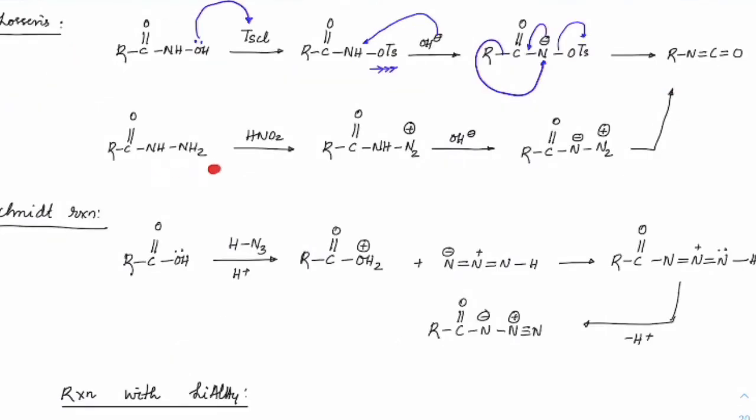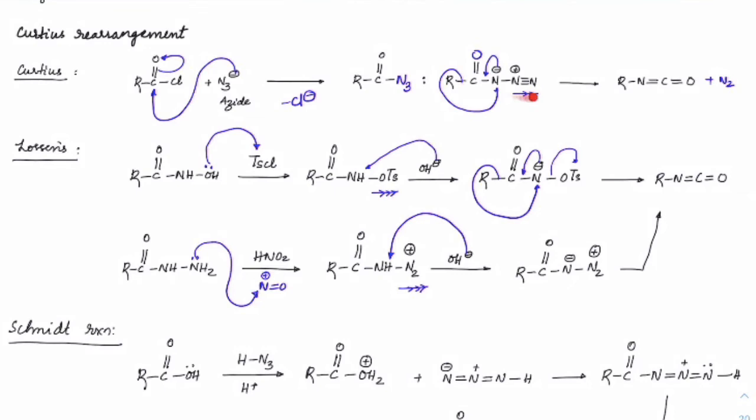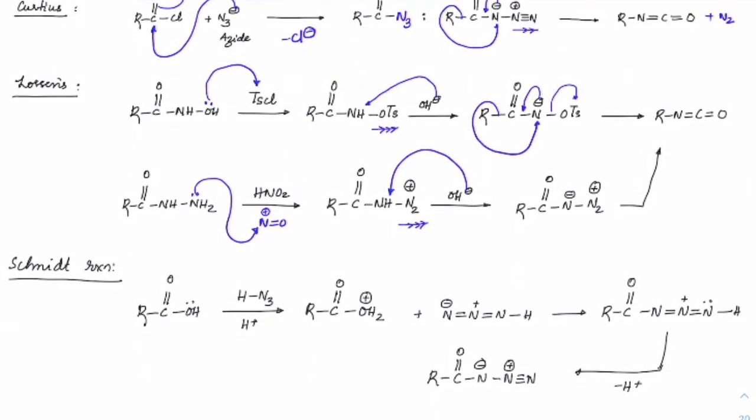From hydrazine, in the presence of primary amines when we treat with HNO2, we'll have an N double bond O electrophile, on which NH2 will attach, and we get N2 formation. In basic medium, OH will take away this proton, and N2 is a better leaving group. So you can see it is converted the same as Curtius. Again R will migrate here, this will become a double bond, N2 will leave. Same isocyanate formation.